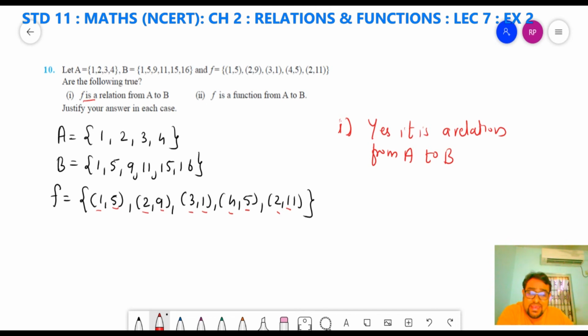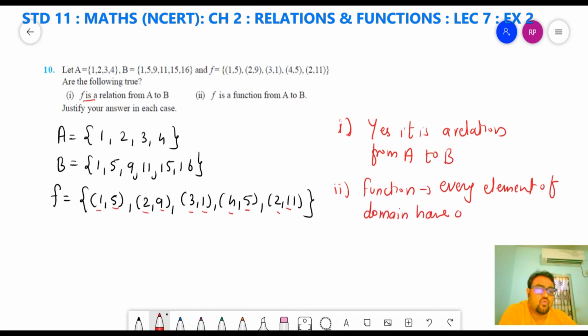Clear? Now the second case, f is a function from A to B. So now when can a relation be said to be a function, right? So what happens in a function? In a function, every element of domain has one and only one image, right? But what you see here, 2. If I take 2, it is having two images, 9 and 11, right?